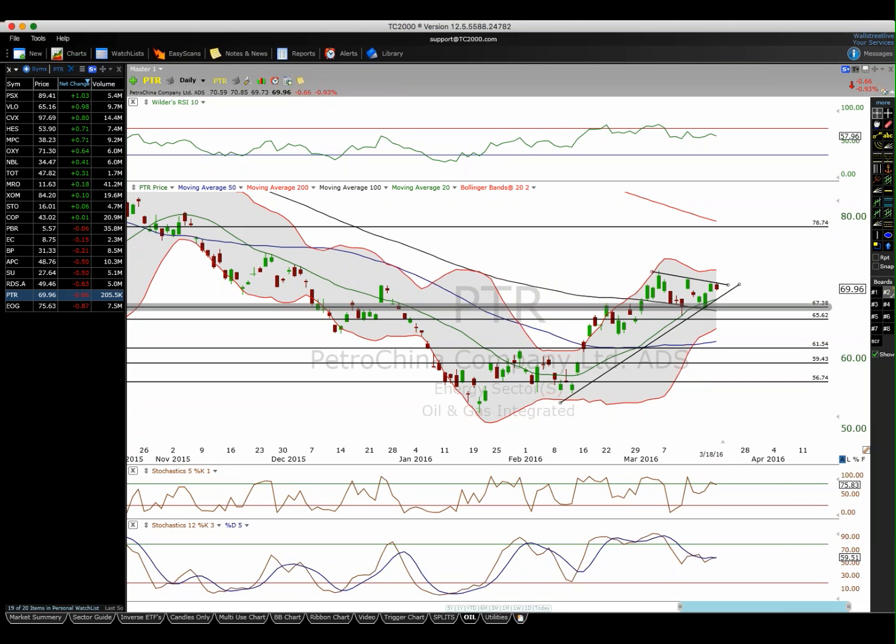So if we come down and hit this, and then we come up and hit this, we're going to know about it. If it breaks this, we're going to know about it. And if it breaks that, that's when we start getting a full change of direction, especially on a daily.